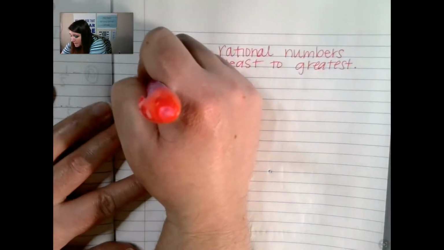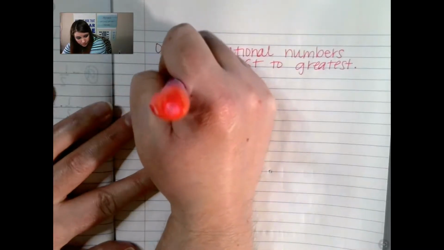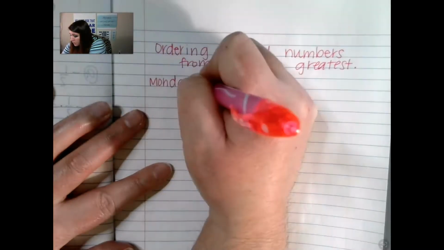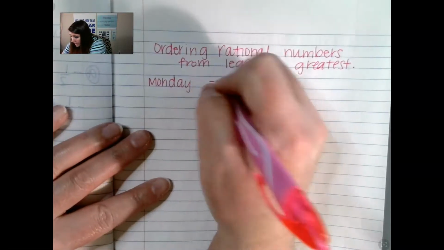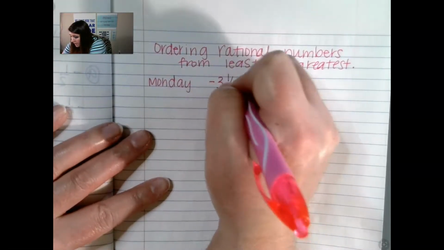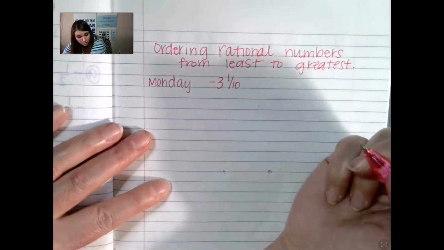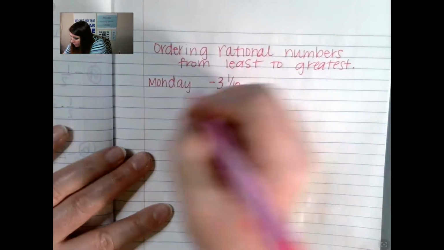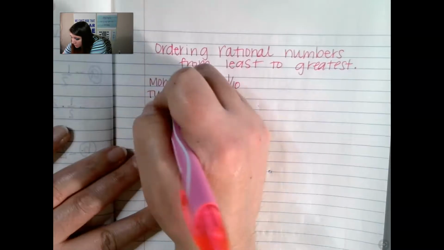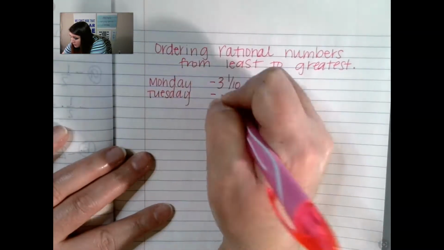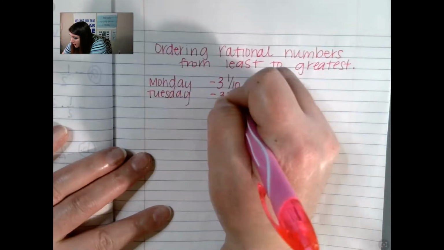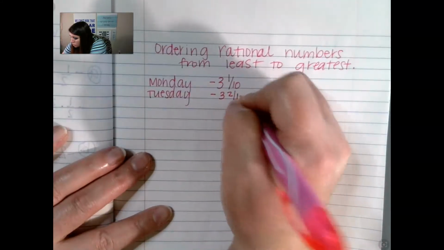So on Monday, they record that it has dropped -3 1/10. Okay, that's where it measures. On Tuesday, it is -3 2/10.